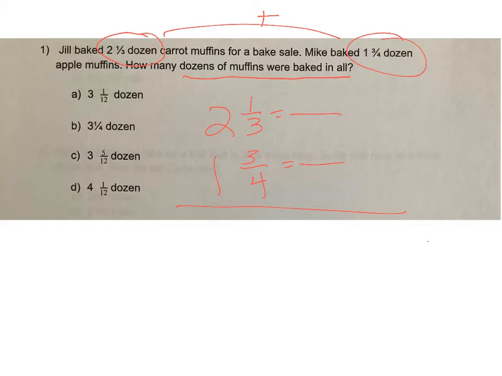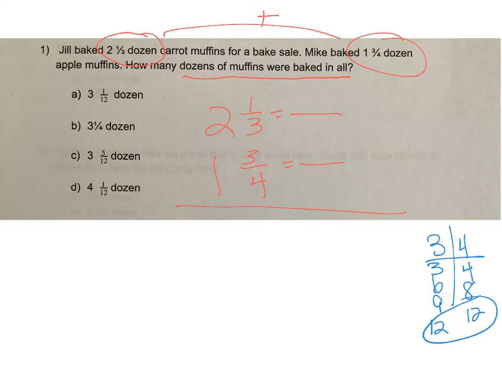Okay, so common denominators for 3 and 4 you would find using a T-chart of multiples. And you can see 12 is the lowest number that appears in both lists of multiples, so we're going to use that for our common denominator.